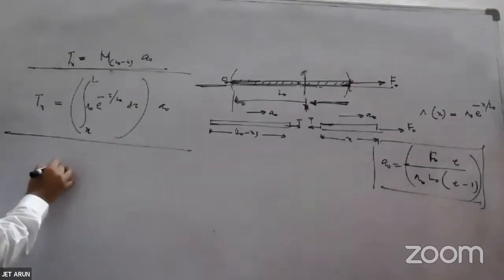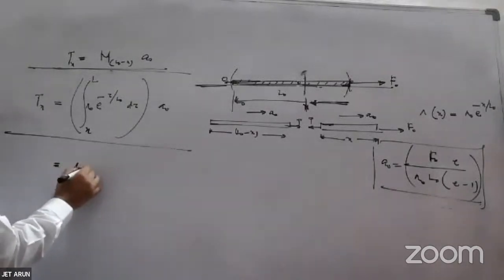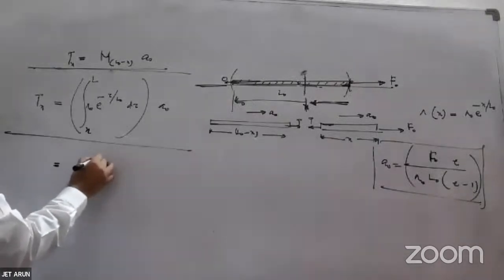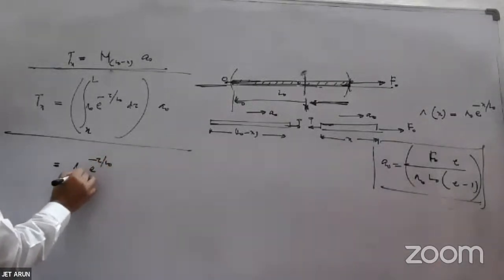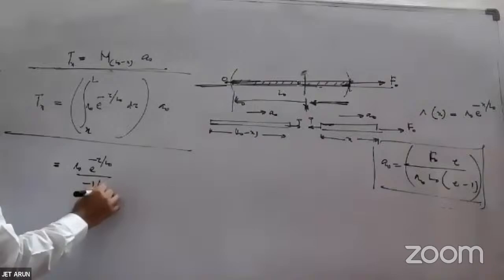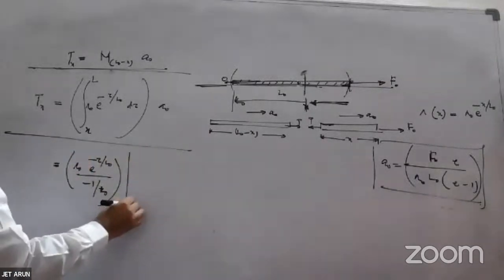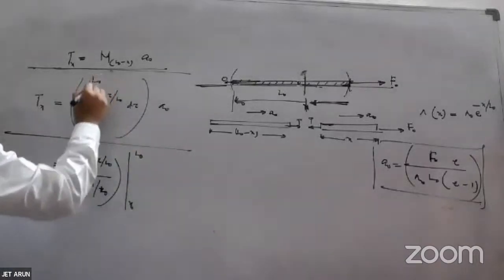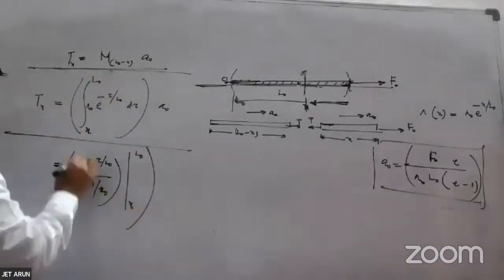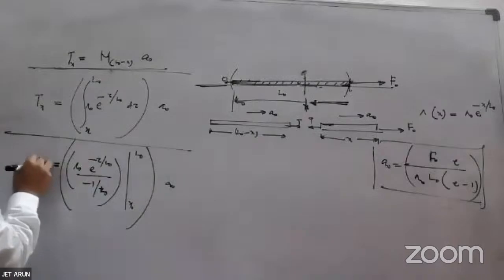It is equal to lambda, which is constant, times e power minus tau by L naught divided by minus 1 by L naught, under limits X to L naught, sorry, into acceleration will give me tension.